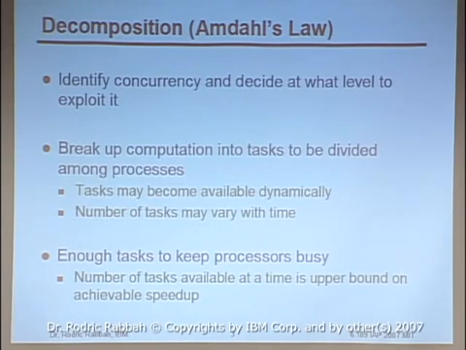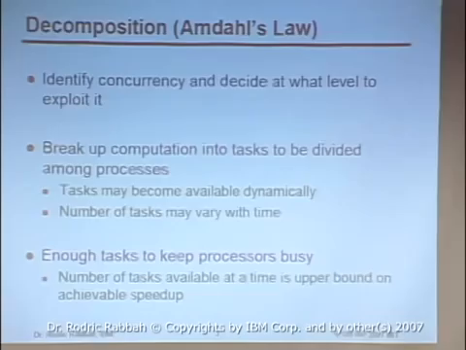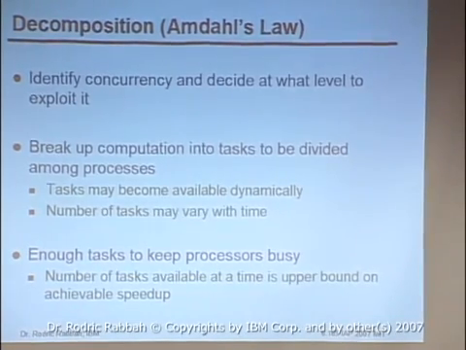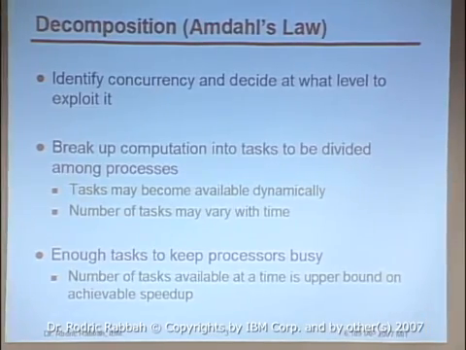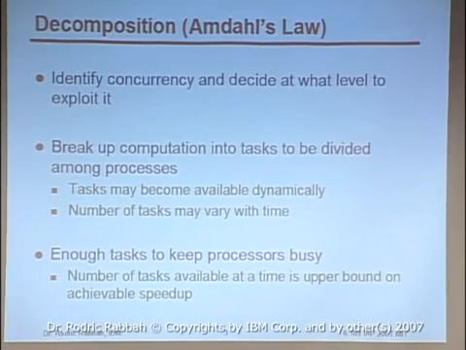So the decomposition, recall, is really affected by Amdahl's law, in that if there's not a whole lot of parallelism in your application, your decomposition is a waste of time. There's not really a whole lot to get. What you're trying to do is identify concurrency in your application and figure out at what level to exploit it.